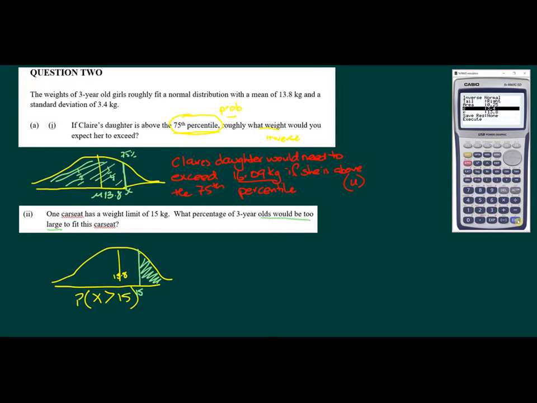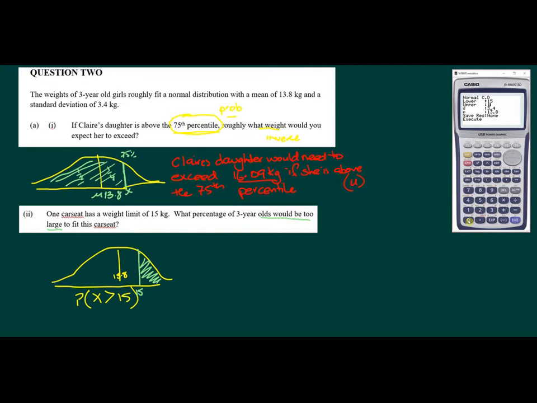Okay, so again we go to our calculator. Stat screen, exit, go back to the screen, go distributions, normal. This time we're doing a cumulative distribution, so NCD. Our lower limit is the 15 kg, so we put that in.